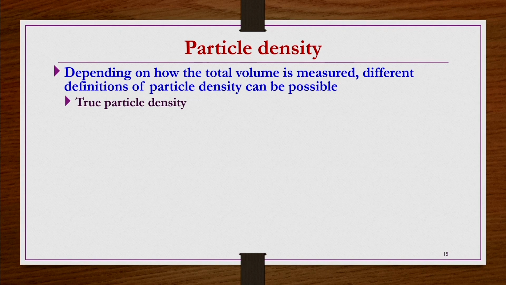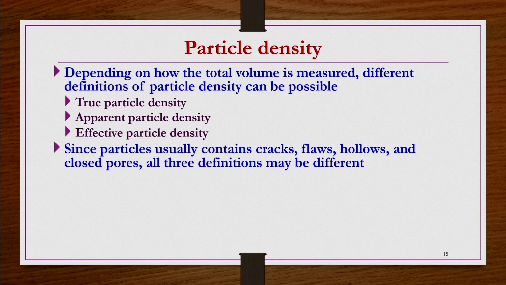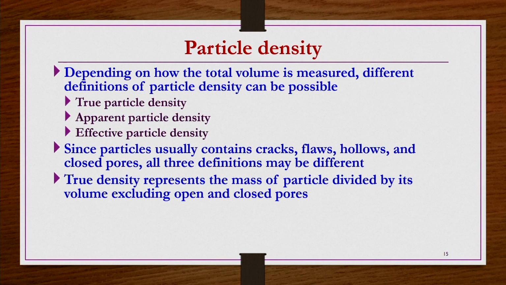So, depending on how the total volume is measured, different definitions of particle density are possible. They are true particle density, apparent particle density, and effective particle density. This is because particles in general contain cracks, flaws, hollows, closed pores, open pores, etc. That is the reason all three types of definitions are possible. True density represents the mass of the particle divided by its volume excluding the open and closed pores.